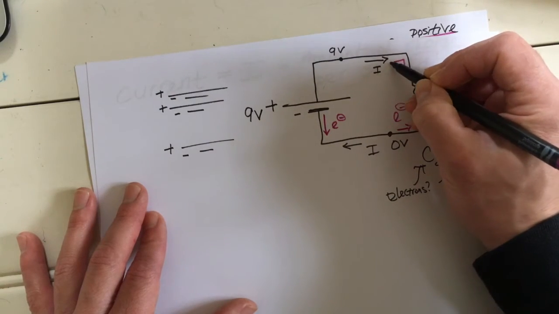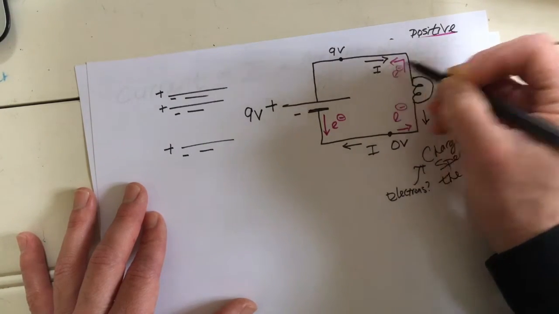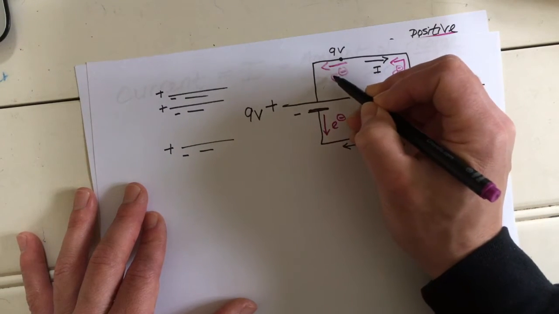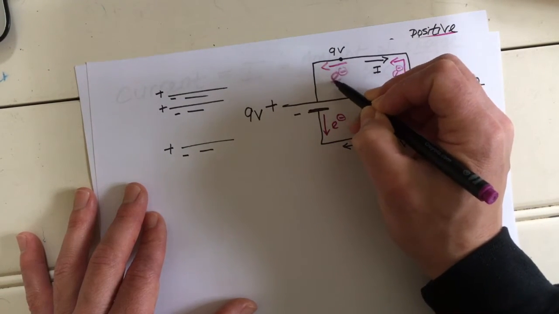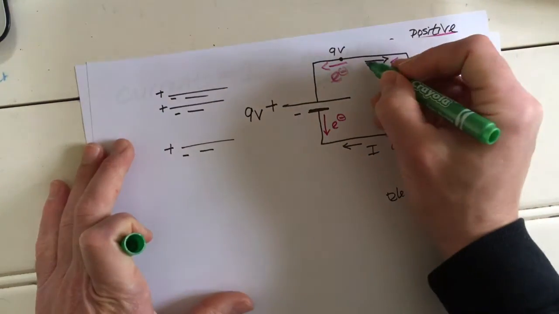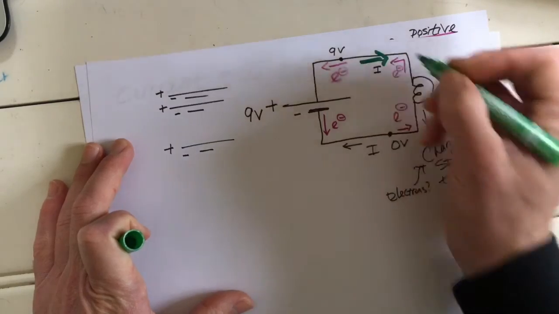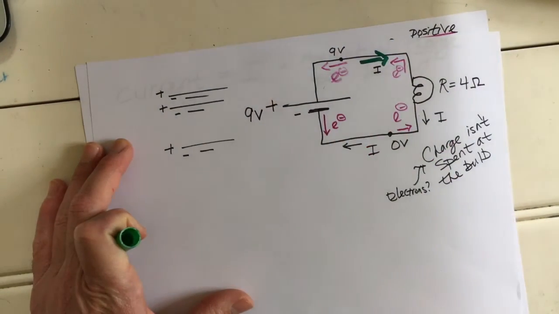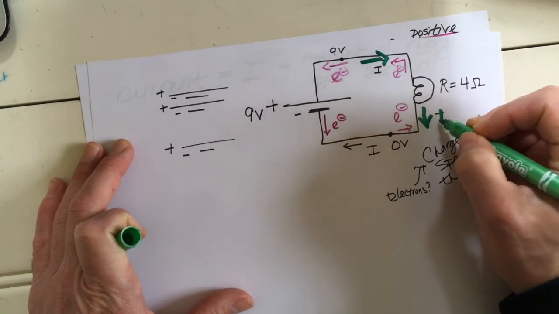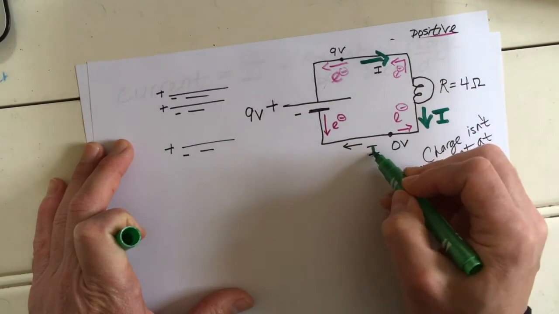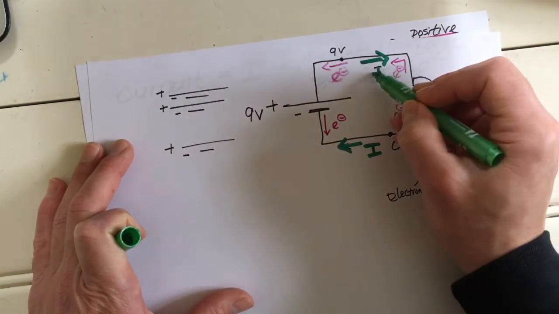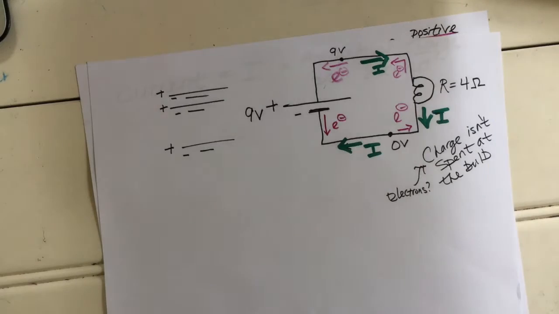So why do we bring it up? Because we always draw current as the way positive charge would move. So our current is always going to point like this green arrow, even though what's really happening is more like this maroon arrow. So whenever they ask you to draw current, make sure you draw it the way that positive charge would move. Just like that.